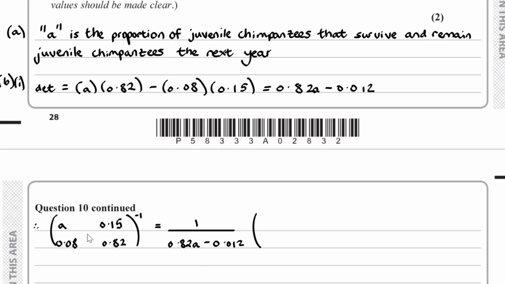So we swap the A and the 0.82, and then we have minus 0.15 and minus 0.08. So this is our inverse matrix.